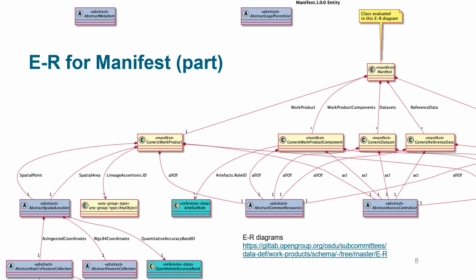The boxes represent entities. For instance, the yellow ones are master data, the blue ones are abstract entities, and the green one represents reference data. Every entity is described by its own schema. The arrows represent relationships between them and the cardinality. As previously mentioned, every entity is described by a schema.